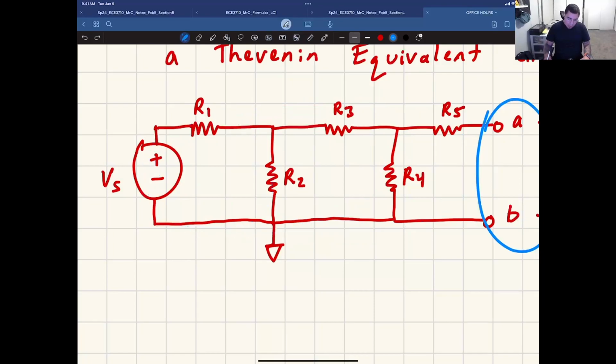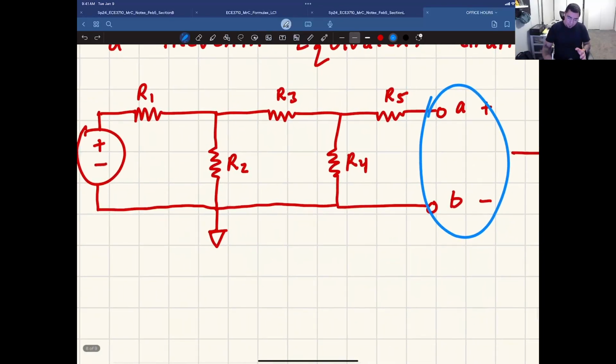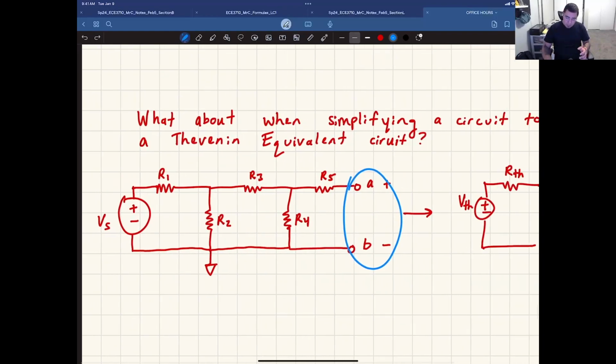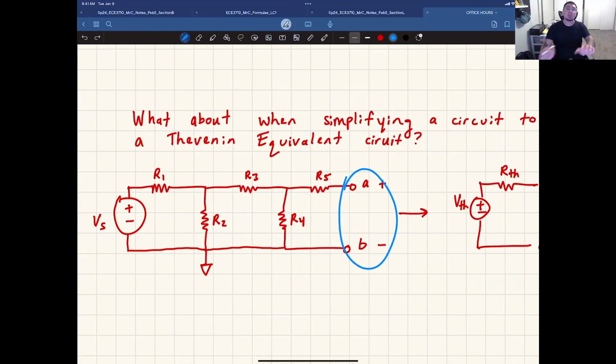But I want to just claim that if your gut feeling is, oh, R5 is in series to the open circuit, no. We're not solving for voltage. We're trying to find the Thevenin equivalent circuit. It's an equivalent circuit from a point of view. Whose point of view? This space between node A and node B. So R5 stays there.